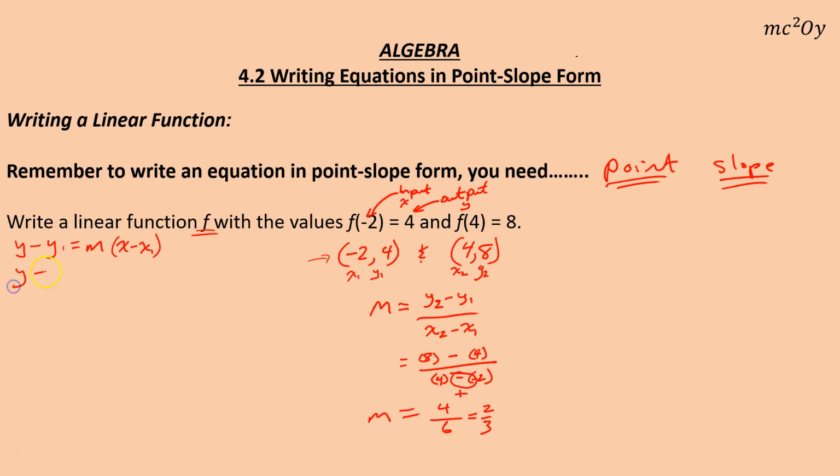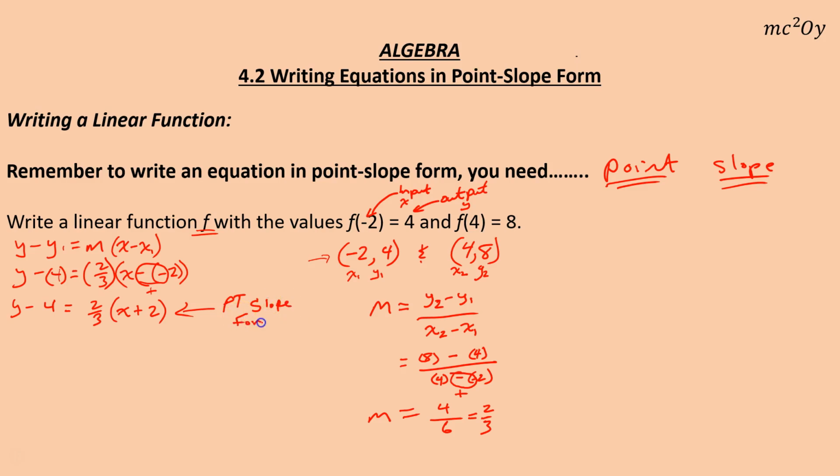Okay, so we have y minus y1, which is 4, equals m, which we know now is 2/3, times x minus x1, and x1 happens to be negative 2. Okay, so we get that double negative right there, which makes a plus. So we get y minus 4 is equal to 2/3 x plus 2. Okay, right now that's point-slope form.